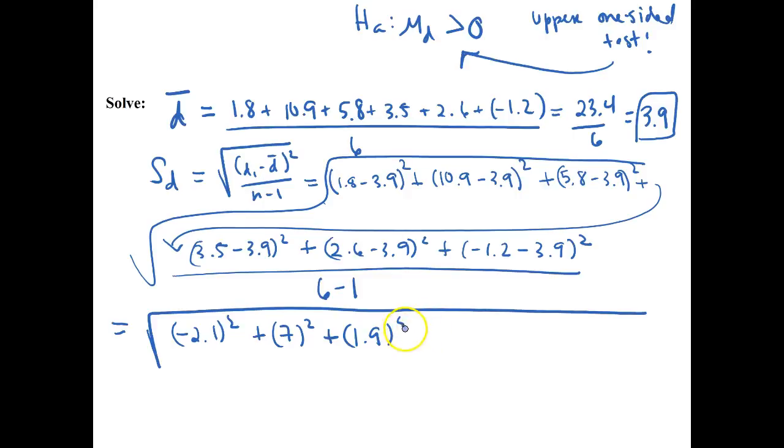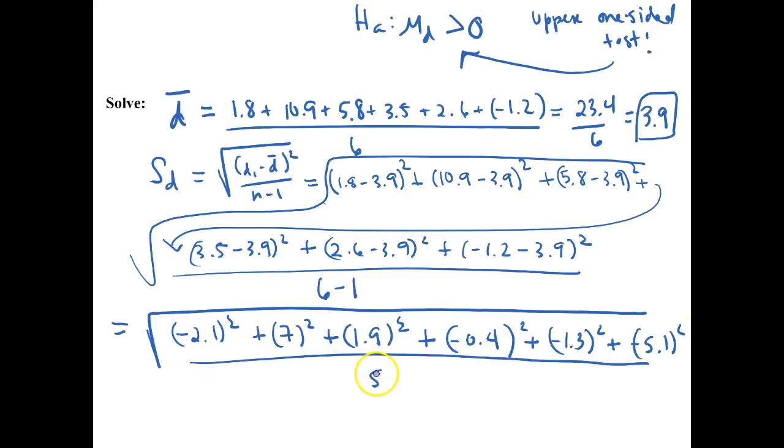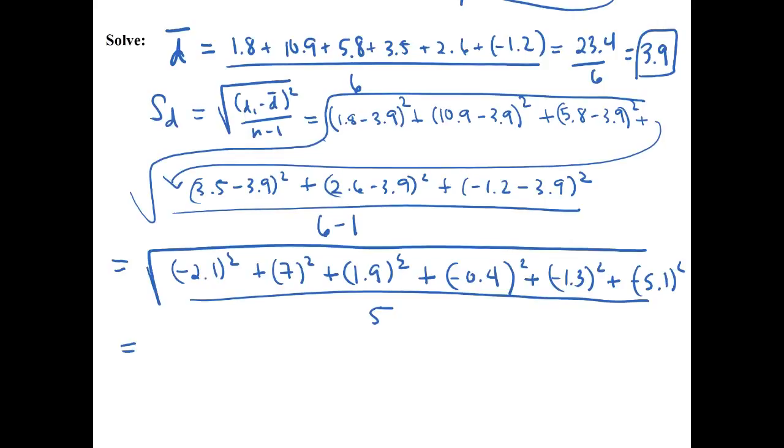Square this value, plus negative 0.4, that is 3.5 minus 3.9, square this, plus negative 1.3 squared, and lastly, the very last value is negative 5.1 squared. All this divided by 5.